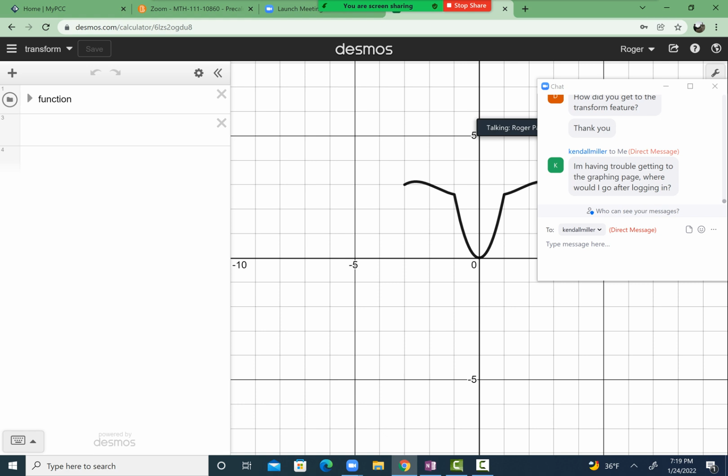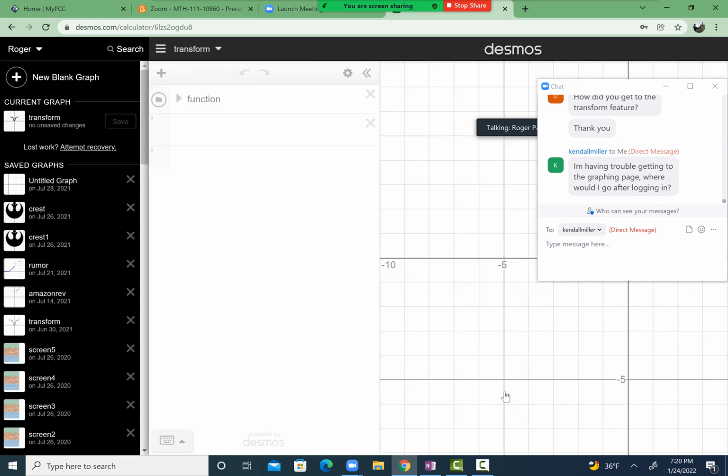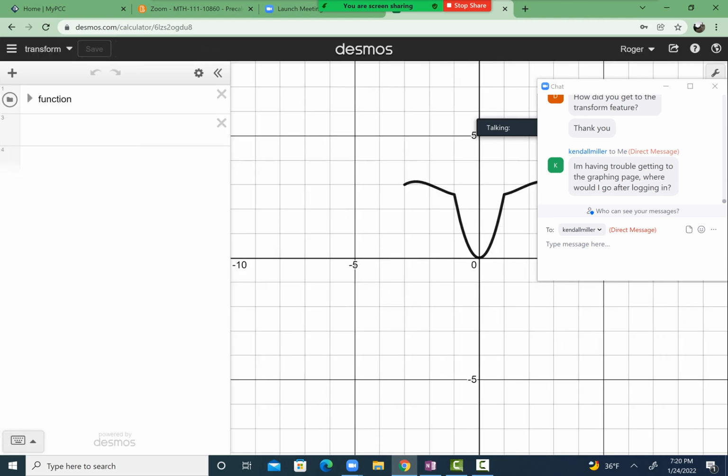Where do I go after logging in? So, Kendall, let's see. So you're logged in, right? So then you would go to these three bars over here, and that should pull down a list of documents, and transform is the one we want. Does that help?